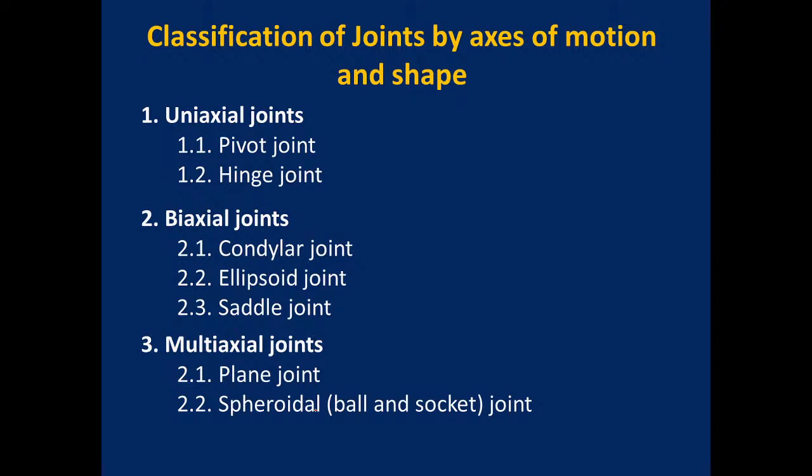According to the biomechanical classification, joints are subdivided into the uniaxial group of joints, biaxial joints, and multi-axial joints.